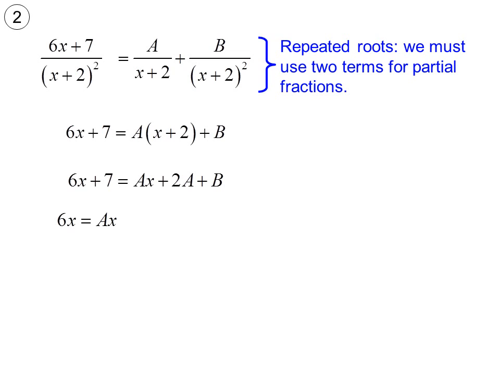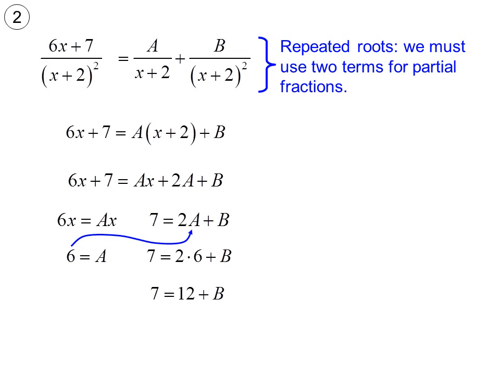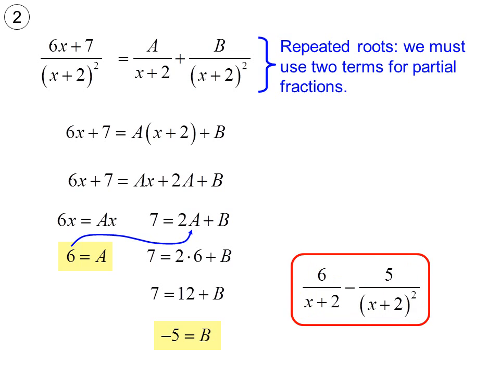So we have 6x equals ax and 7 equals 2a plus b. That gives us 6 equals a, plugging that in for a in the other equation. We can solve for b and we get negative 5 equals b. So now our expression becomes 6 over x plus 2 minus 5 over x plus 2 squared.